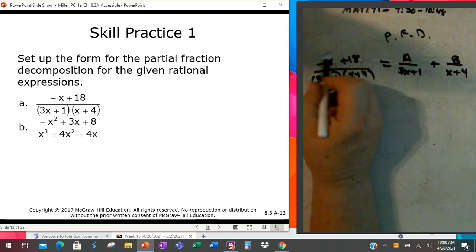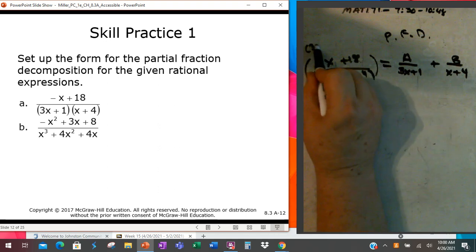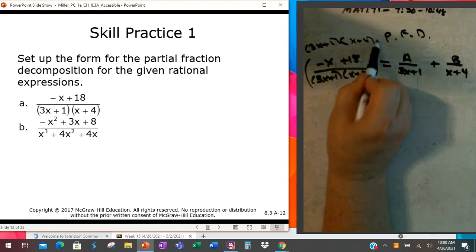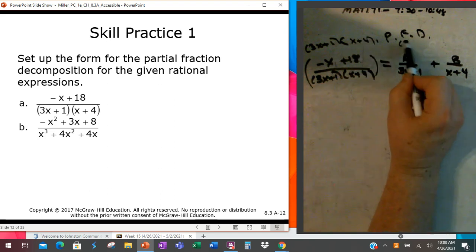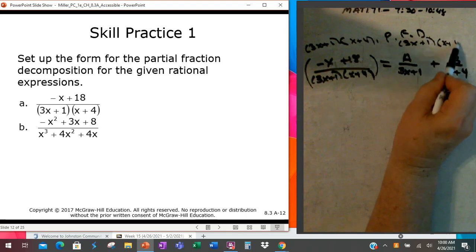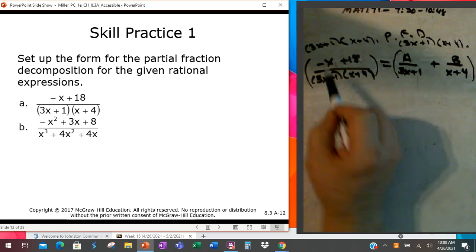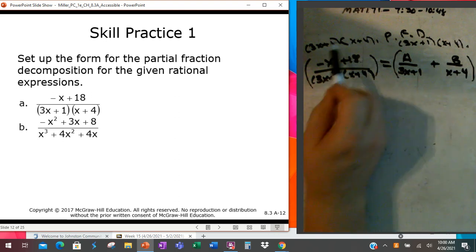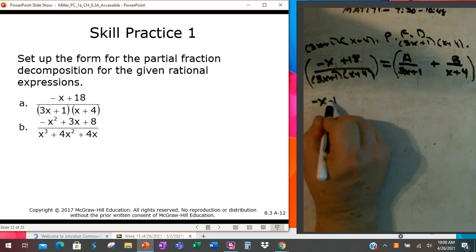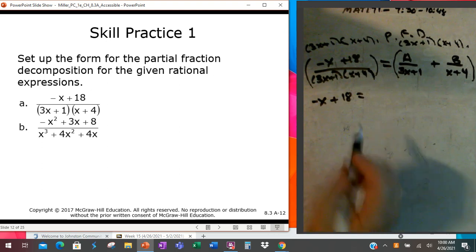So once I get there, I want to multiply both sides by that very same thing, 3x plus 1, x plus 4, times this, 3x plus 1, x plus 4, times that. So this is going to go out, both of these factors, so I'm just left with minus x plus 18, just the numerator.